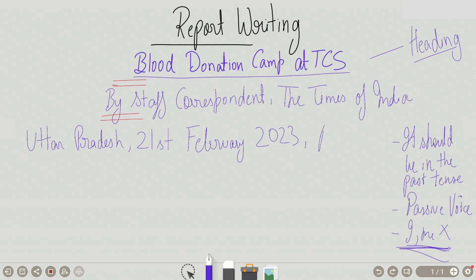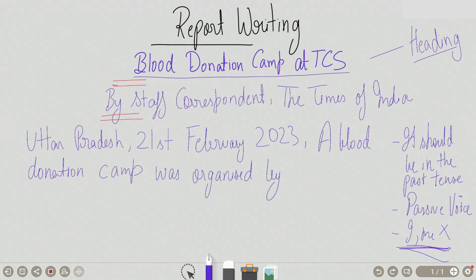For example, a blood donation camp was organized by Red Cross Society, or you can write some other society name also.